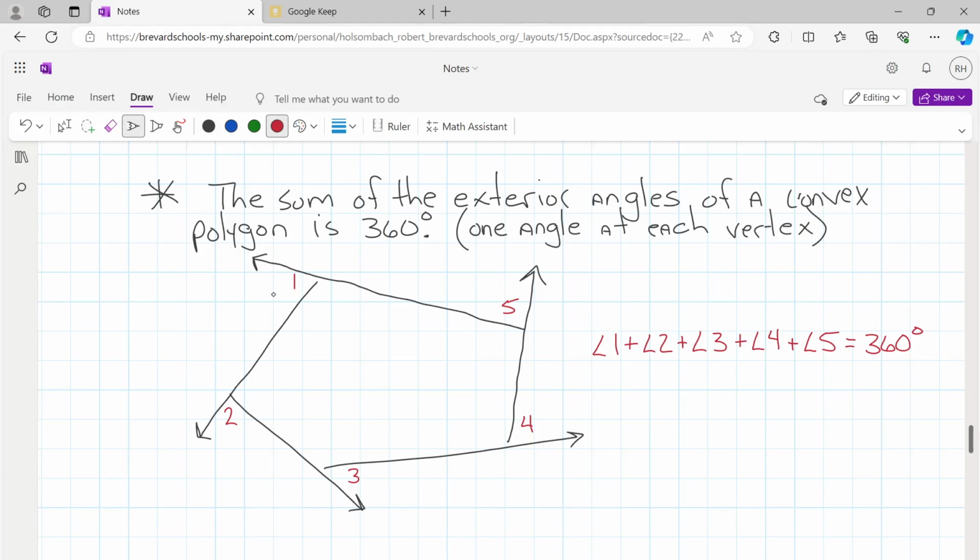We'll call angle 1 2x minus 5. And then angle 2, 3x plus 10. Angle 3, 6x minus 5. Angle 4 is 2x. And angle 5 is 5x.